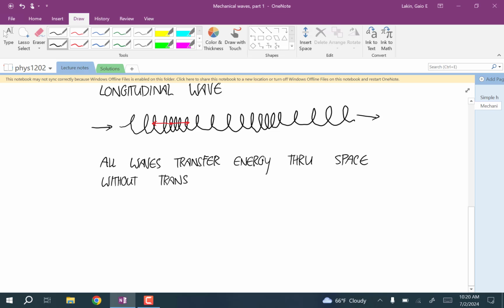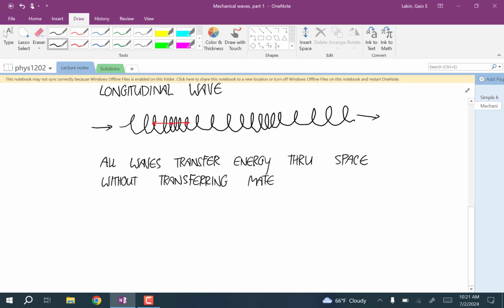So material does move, but it only oscillates back and forth. It doesn't, the wave can move a long distance. The particles that the wave travels through don't move permanently. So waves transfer energy through space without transferring material.